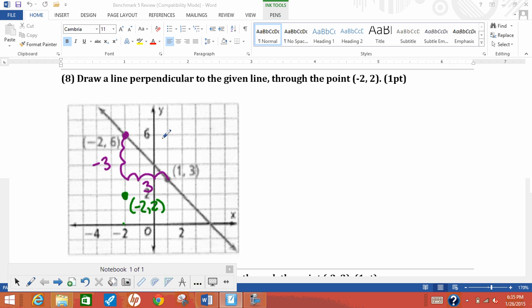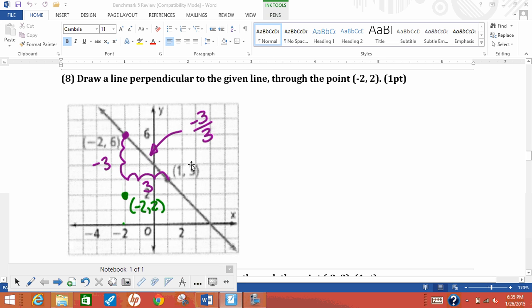So the slope of this line is negative 3 over 3. Remember, the rise, or the y, is on top, and the run, or the x left to right, is on the bottom. So now I know my slope is negative 3 over 3 for this line that I already have.